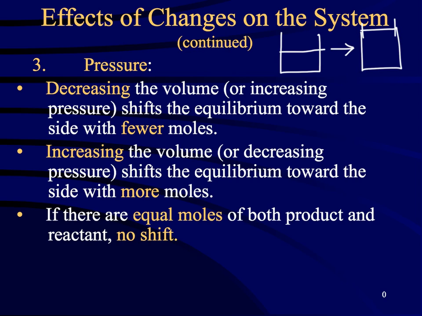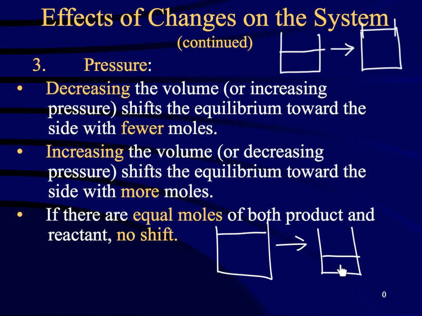Now, what if we have the opposite? What if we start off with a very large container and then I make the container much smaller? Okay, look at the space here. This is a very small space. So this is going to favor the side that has fewer moles. Once again, add up the coefficients on both sides of the arrow.